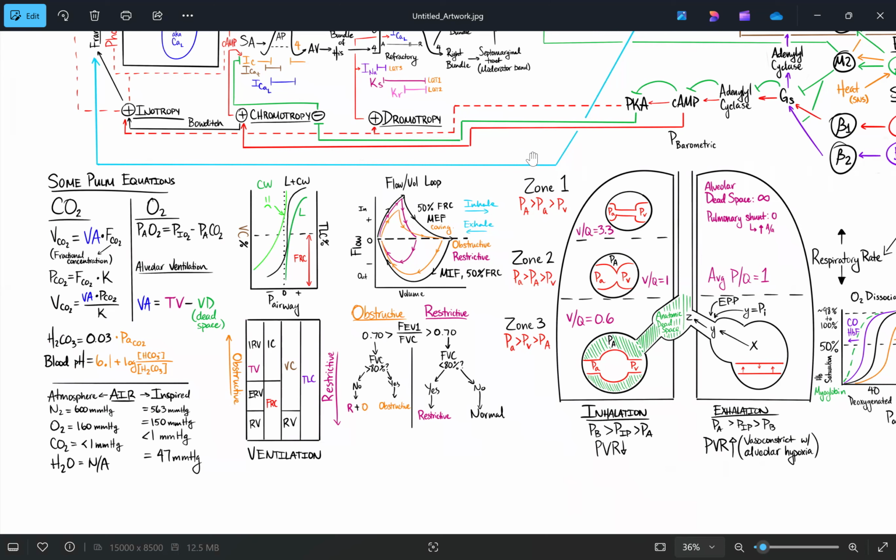This is one thing I forgot to review. MEF. Is that mean expiratory force? Mean flow volume loop? Peak expiratory. Okay, so it's mean inspiratory and expiratory force.